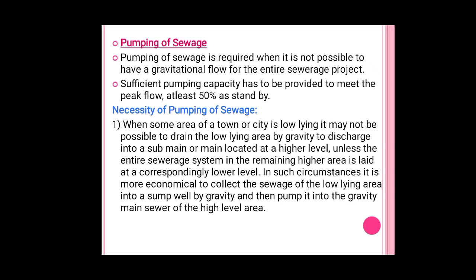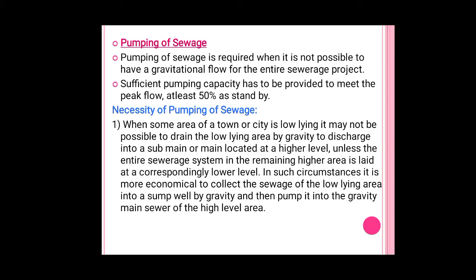When some area of a town or a city or any project is low lying, it may not be possible to drain the low lying area by gravity to discharge into the sub main or main located at the higher level, unless the entire sewage system in the remaining higher area is laid at the correspondingly lower level.